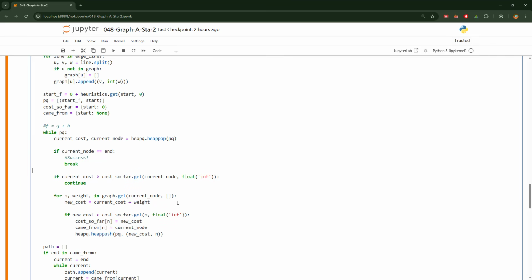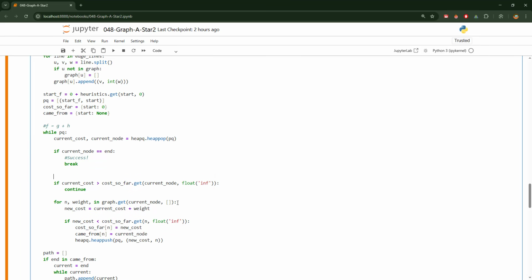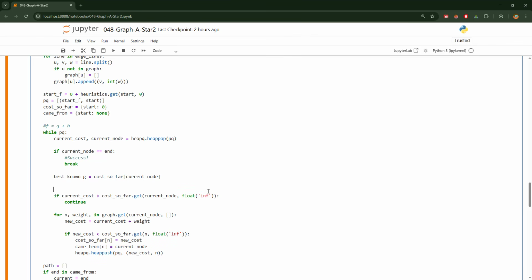Let's say, for example, the following: best known G is the cost so far of the current node, this one. And best node F, this is also what we need.